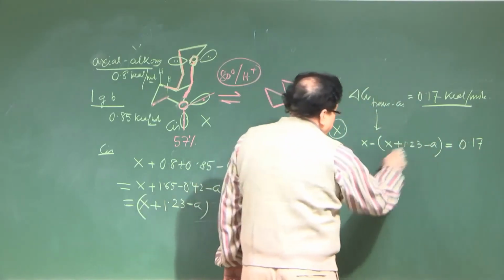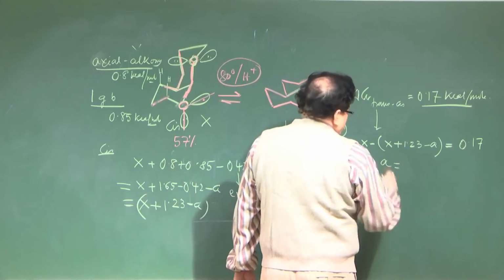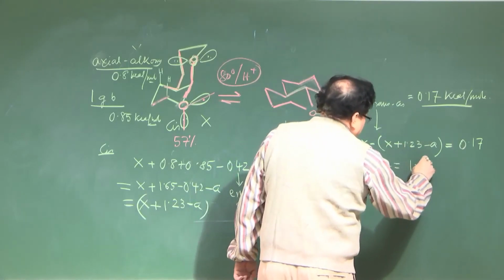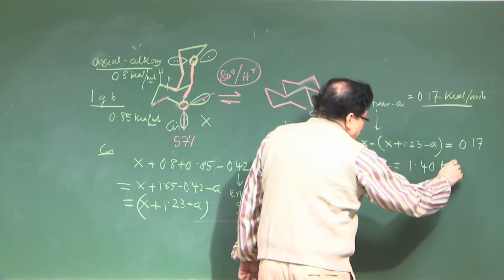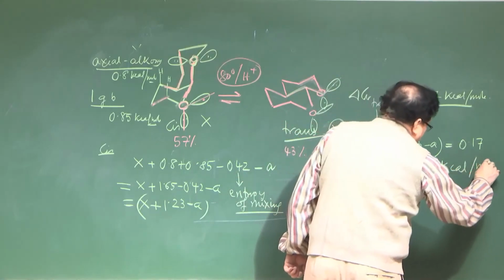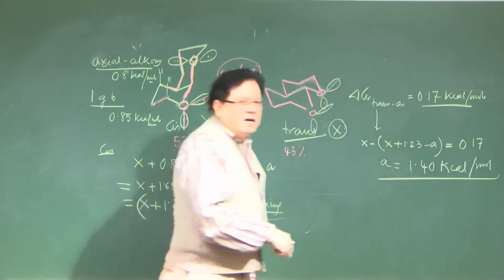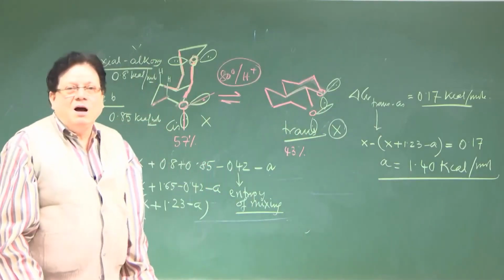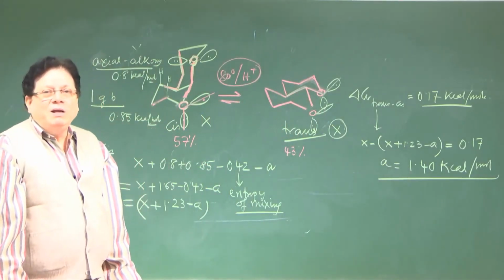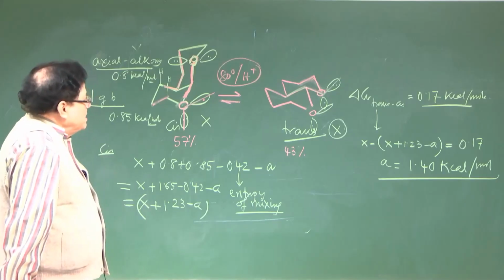So, that gives you A equal to 1.40 kilocalorie per mole, exactly the value which I told you earlier. So, this is how the anomeric effect was evaluated.